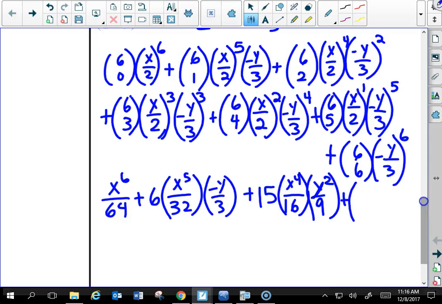Plus, the combination 6, 3 is 20. And I get x to the third over 2 to the third, which is 8. And I get a negative y to the third over 3 to the third, which is 27.